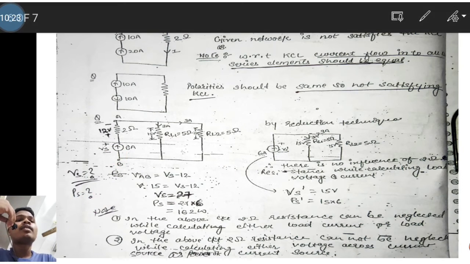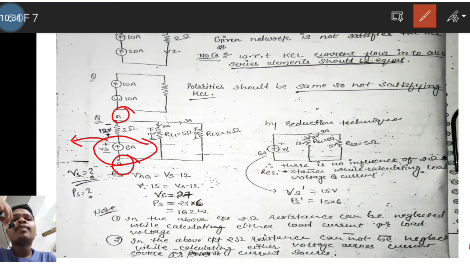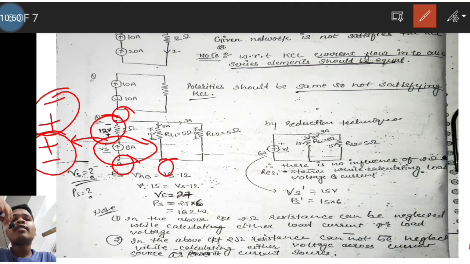Now see, to find the voltage across A and B, we need this voltage source. The signs are in opposite directions, so they are subtracted from each other. So VAB is equal to Vs minus 12, because they are in opposite directions.